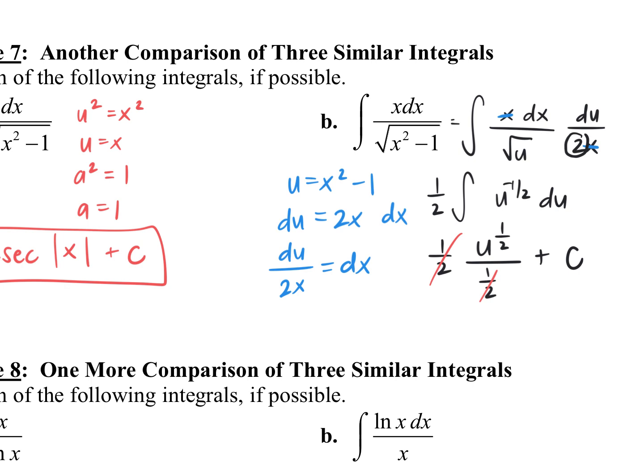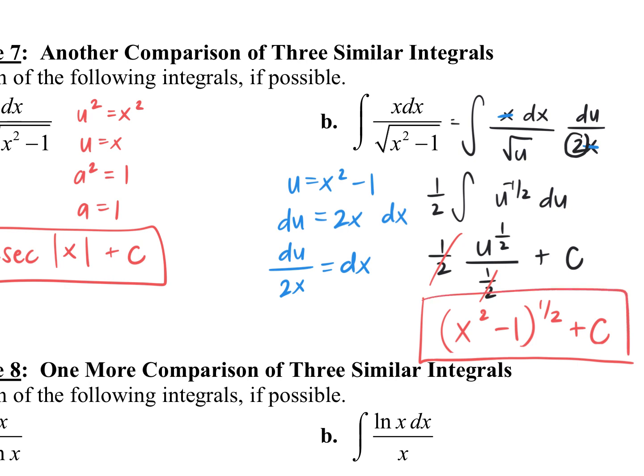But if I plug it back in, because I'm solving in terms of x here, my u value is x squared minus 1 to the 1/2 power plus c. Now, could I have also written it as the square root of x squared minus 1? Totally could have.